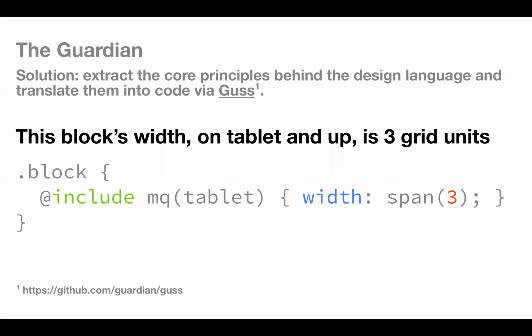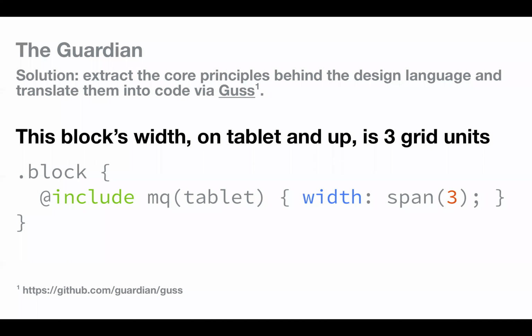And so, for example, in that case, I wanted those Sass mixins to speak the same language as the designers. And if you read this CSS, it reads almost like English. This block's width on a tablet and up is 3 grid units. And pretty much anybody could understand what this is doing.